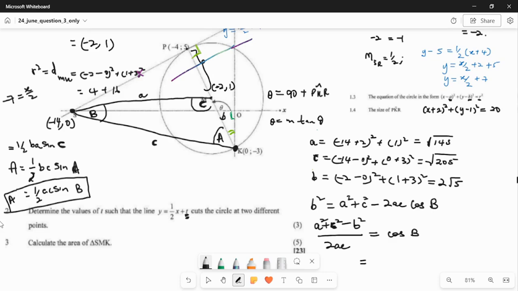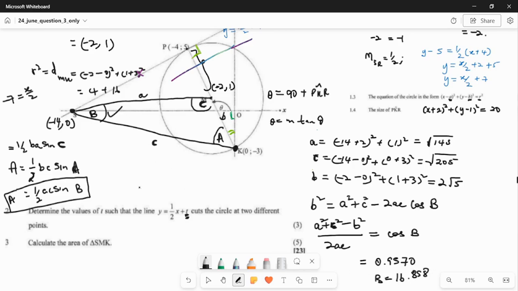It's 2 root 5. Okay, I'm getting a decimal value for my expression on the left, 0.9570. So I'll just do the arc cosine of that. I get B as the angle of 16.858.